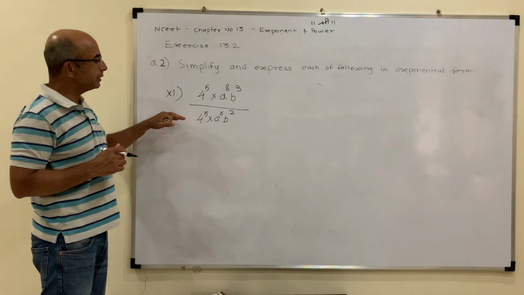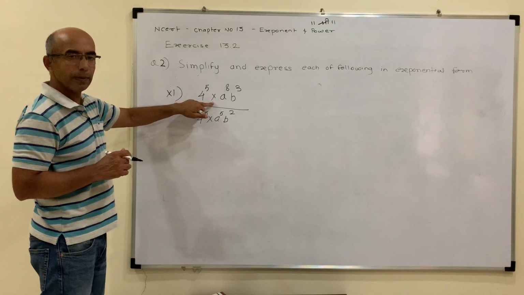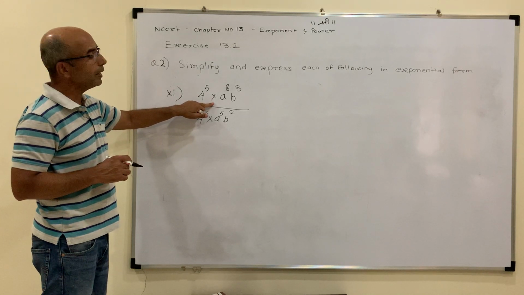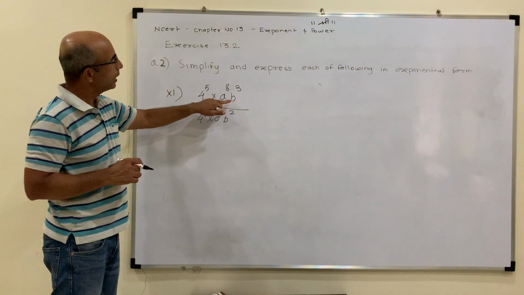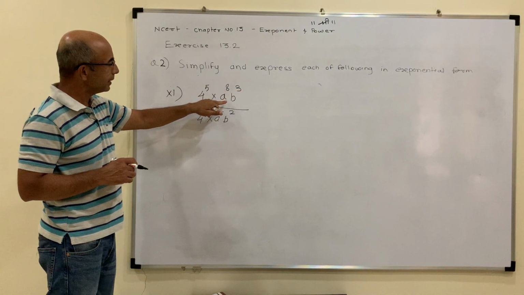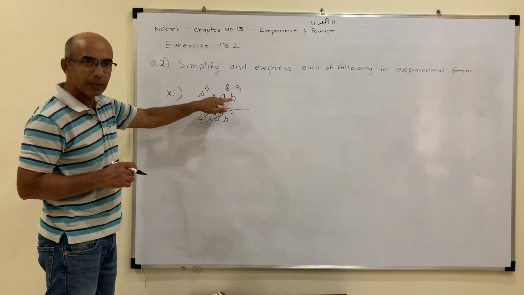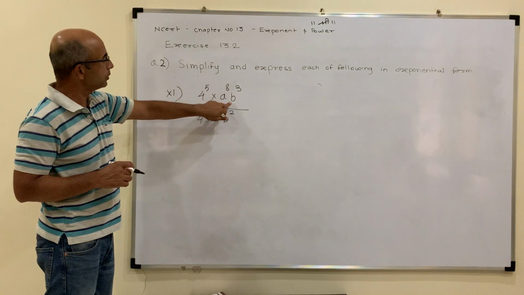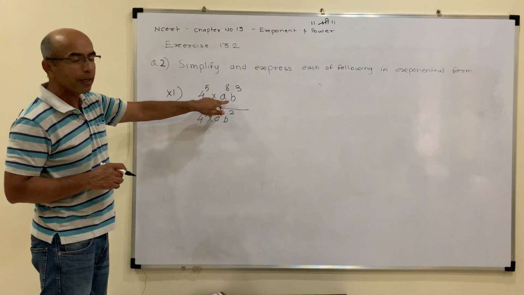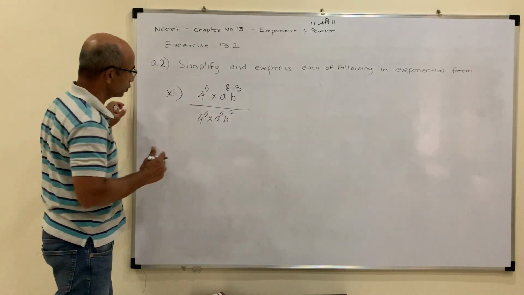Here the multiplication sign is present, whereas between a raised to 8 and b raised to 3 the multiplication sign is not present, but there is a multiplication. These two are actually multiplying each other. So don't get confused over here.